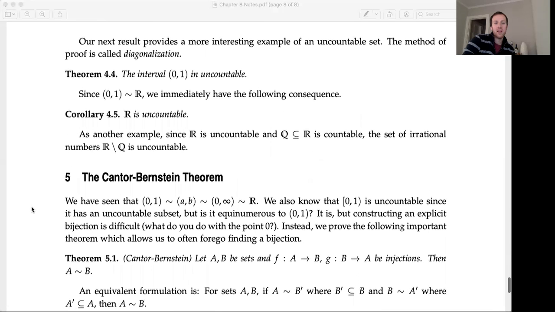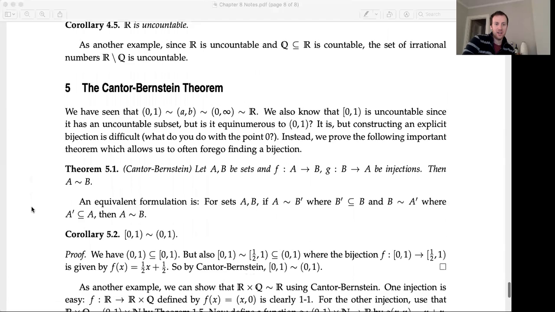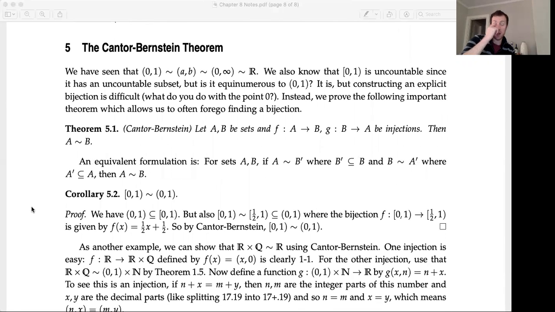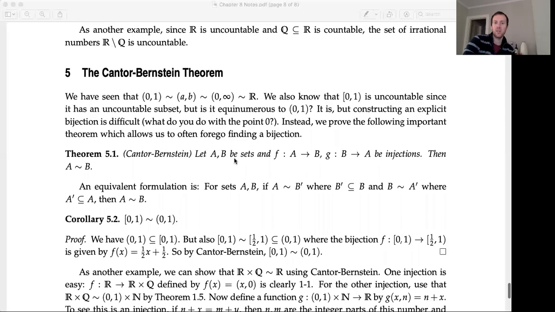The last thing I want to say is that there's an important theorem, which is often a highlight of this type of proofs class, called the Cantor-Bernstein theorem, which says that being equinumerous is almost antisymmetric.